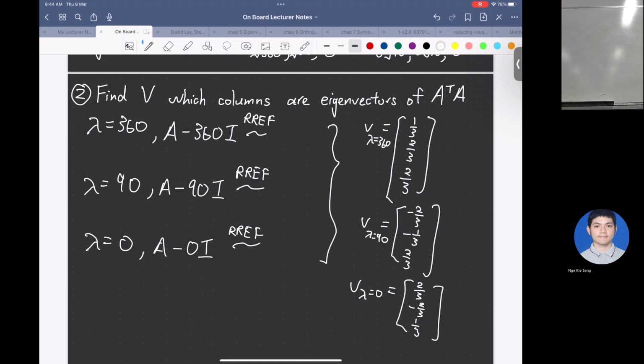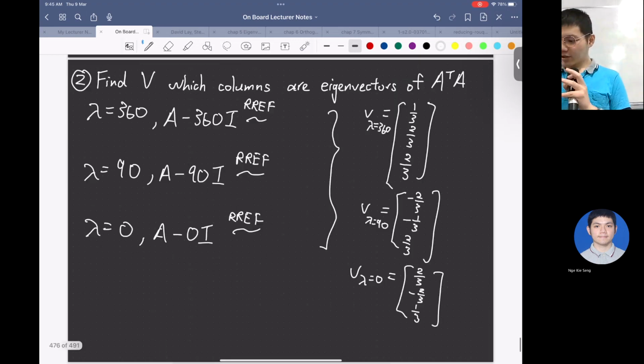Remember the first thing we did in the class: A transpose A is symmetric, and this is the eigenvector for A transpose A. A symmetric matrix is orthogonally diagonalizable. How do you diagonalize? You find the eigenvectors. So don't take anything I do as trivial. What I say is what I need to use later. Everything I need from the quiz to the back, I will say first. So keep remembering what I say.